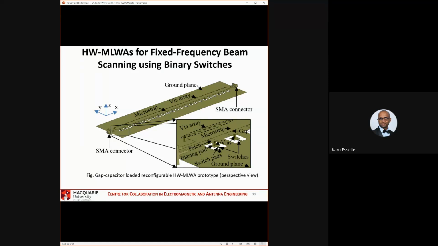Okay, so we don't need the whole range of bias voltage values. We need only two values. One voltage to turn off. One voltage is applied to all the switches that are turned off. One voltage is applied to all the switches, not to the switch directly, but to these patches to turn on the switches.